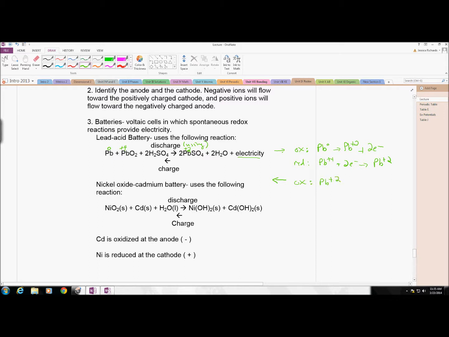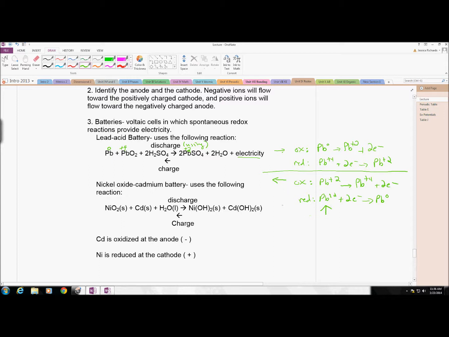So some of that lead plus 2 is going to turn into lead plus 4 by losing 2 electrons, and some of that lead plus 2 will be reduced by gaining 2 electrons and becoming pure lead. So this reaction they want you to see as an example because it's not really common to see the same species being both oxidized and reduced, but it can happen, and that's how our batteries work.